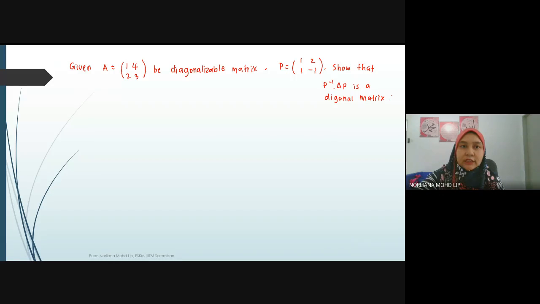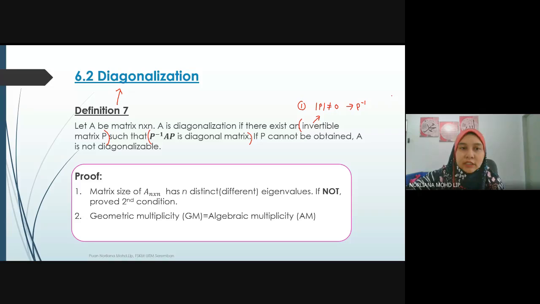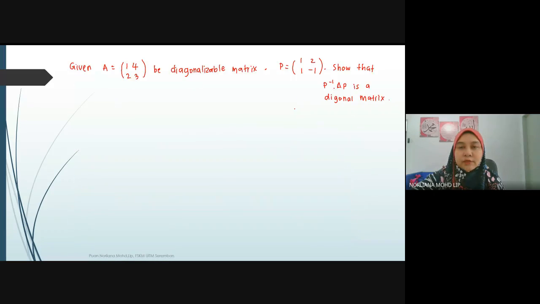Okay, definition yang tadi. Okay, they mention that A is diagonalizable if there exists an invertible matrix P. So maksudnya kat sini awak kena prove the matrix P, whether matrix P is invertible or not. Ni untuk proof A is diagonalizable or not kan.